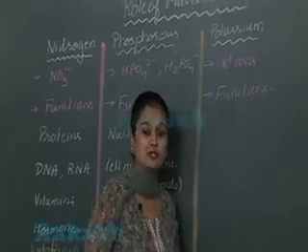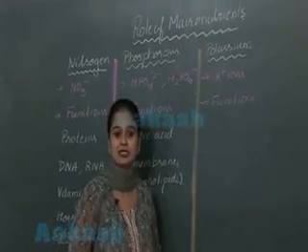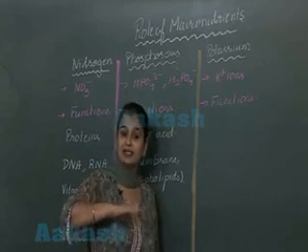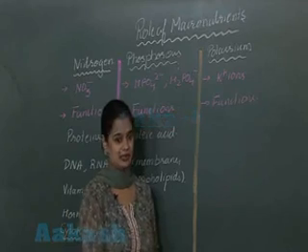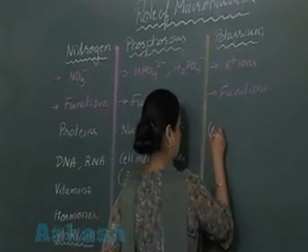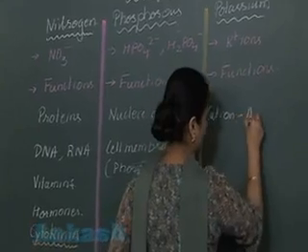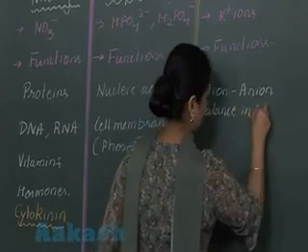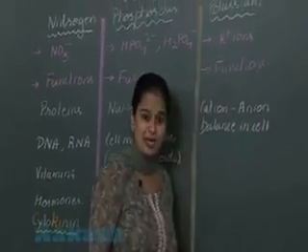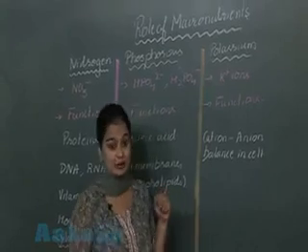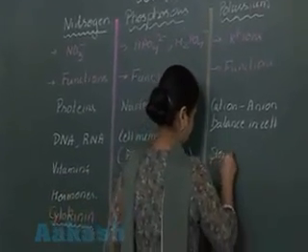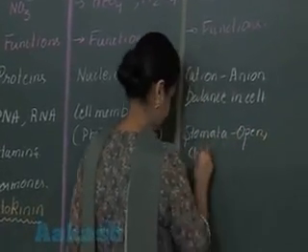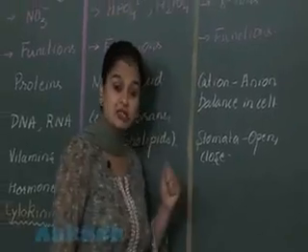An important function of potassium which we have already discussed in the previous chapter is that potassium ions are involved in maintaining cation anion balance in the cell. Potassium ions help in the opening and closing of stomata. It maintains turgidity of the cell.